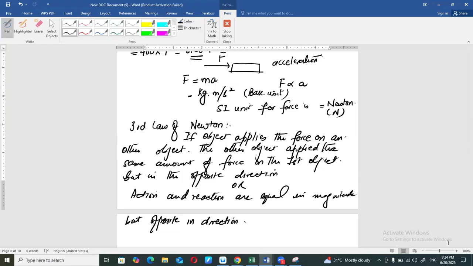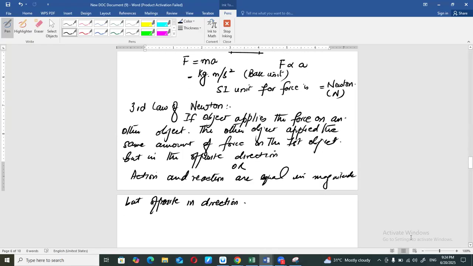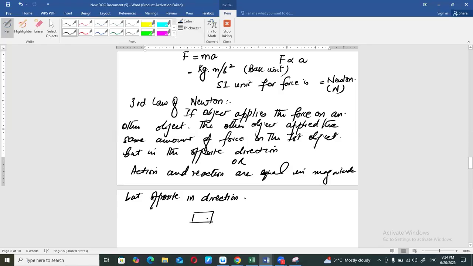The best example: if one object applies a force on a second object, let's suppose this is object A and this is object B. If A applies a force on B, as per Newton's third law, B is also applying the same amount of force on A, but in the opposite direction. That is what Newton's third law is.